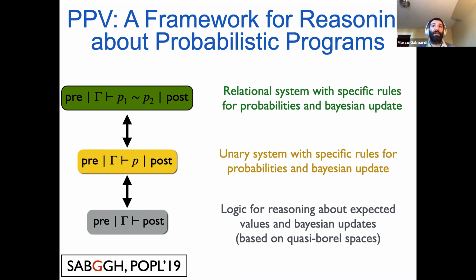On top of this, we use a unary system, which has specific rules for probabilities and Bayesian update, and on top of this, a relational system with, again, similar specific rules.